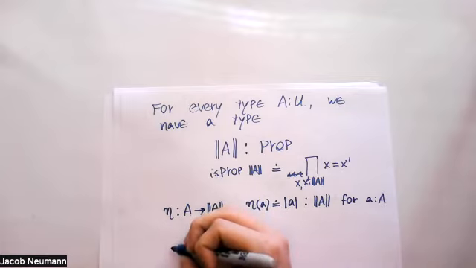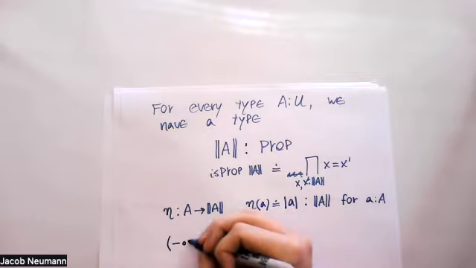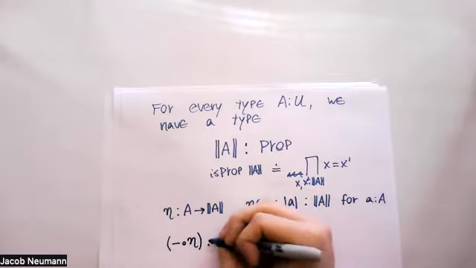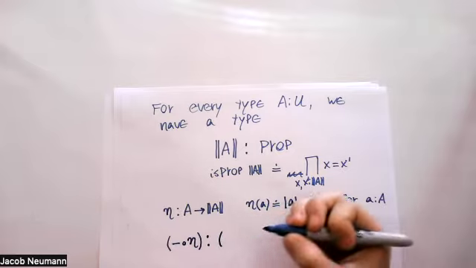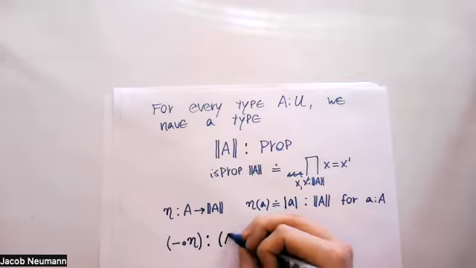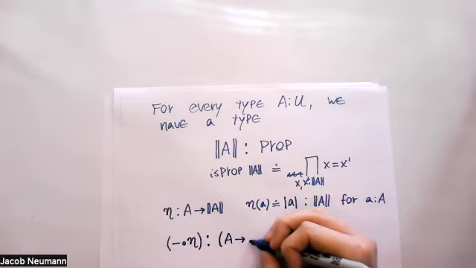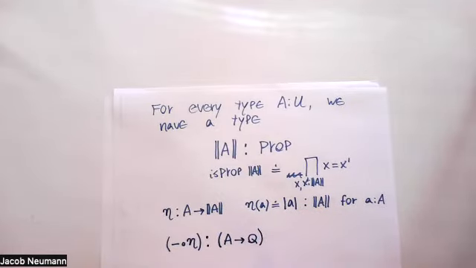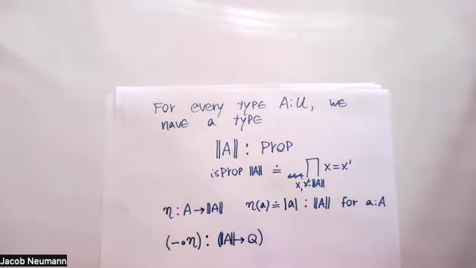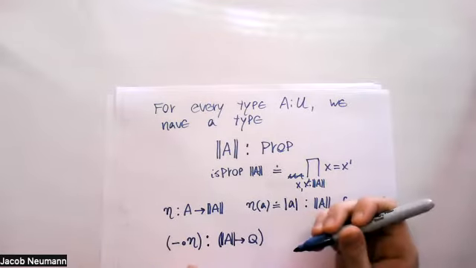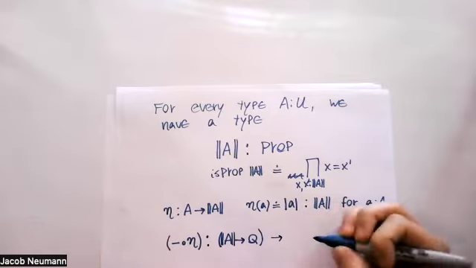We can write that as something after eta, which in general will take any type into some other type Q. So if I have a map from the truncation of A to Q, then I can precompose it with eta, and I get a map from A.